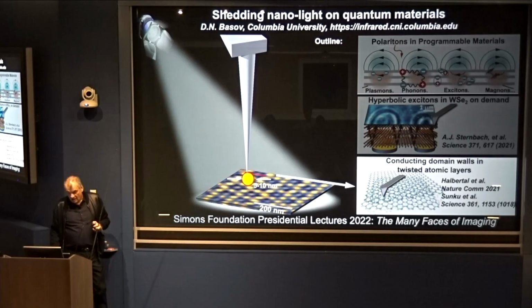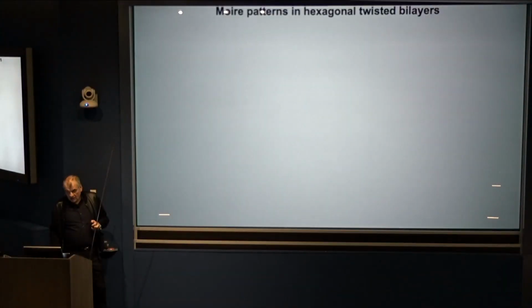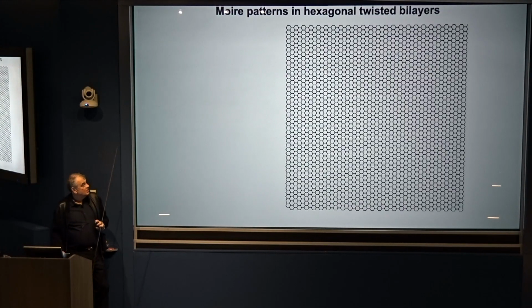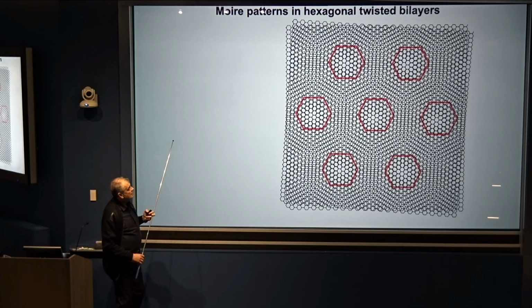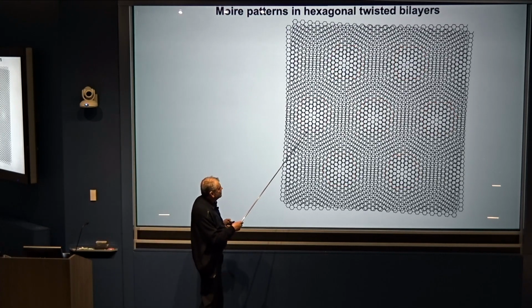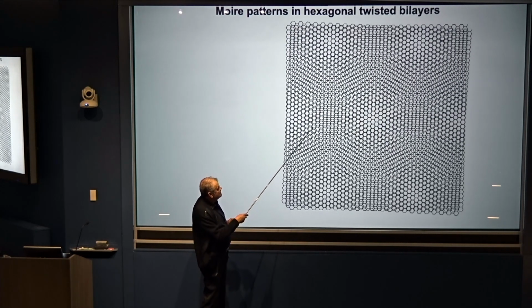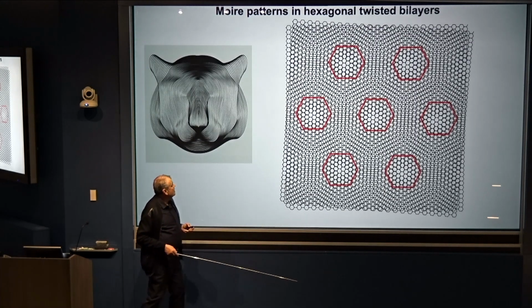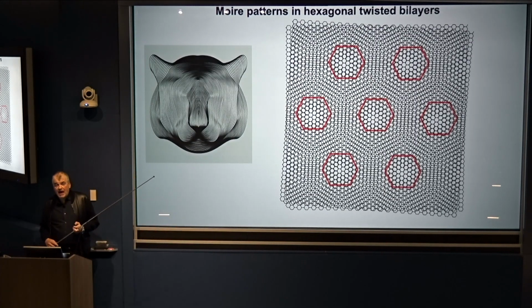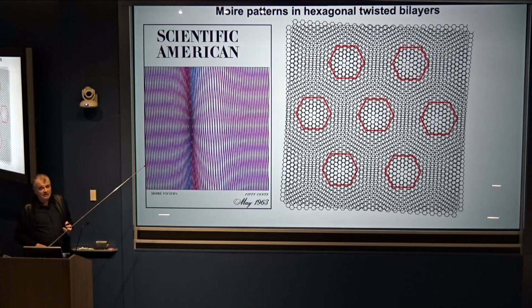So let me tell you a little bit about Moire. Moire is about twisting crystals and obtaining extra periodicity. That's what is referred to as a Moire pattern. You can see very clearly additional periodicity from two twisted layers that's not present in the individual layer. Moire patterns are commonplace in art, in fabric design, in photography, and now also in quantum materials.